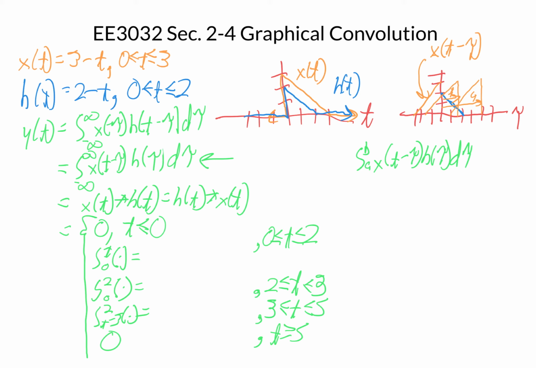Now, we have chosen the limits carefully by doing the graphical approach such that both x and h are in their active areas. So this is where we get the simplification. We don't need the unit steps to constrict the domain of where these functions turn on, because we've already guaranteed the functions are on by choosing the upper and lower limits correctly.